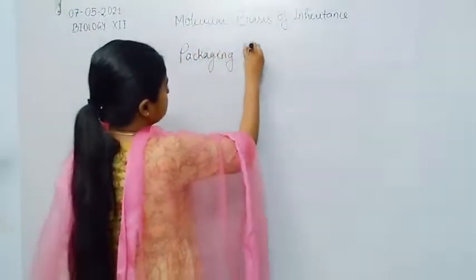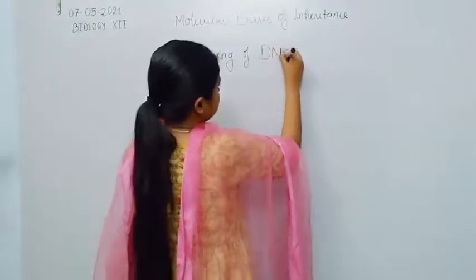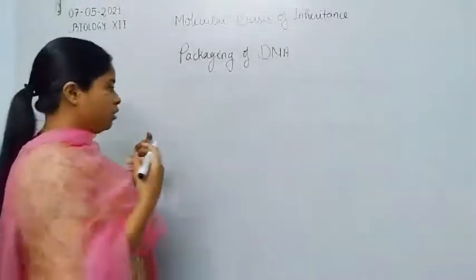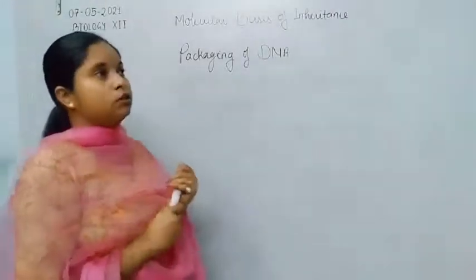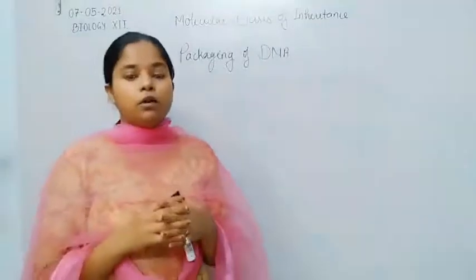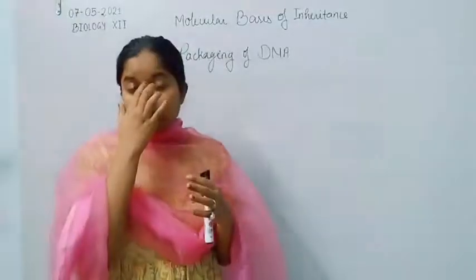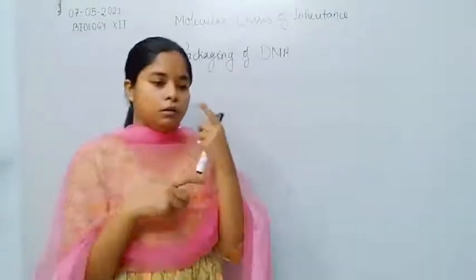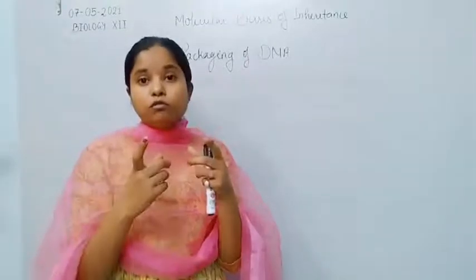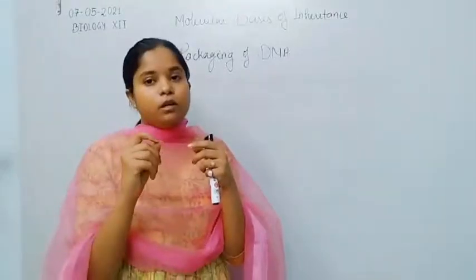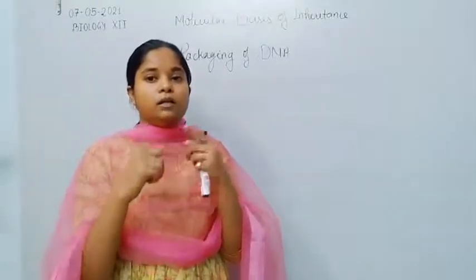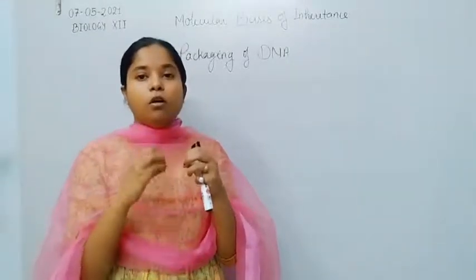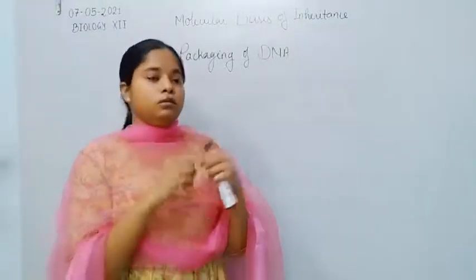Packaging of the DNA molecule is very important for the division of the DNA molecule during metaphase. The chromosome forms, or packaging of the DNA molecule occurs, and the tight packaging occurs for the division of the chromosome into two cells.